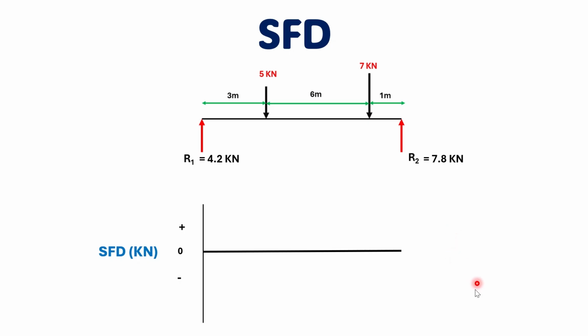Before drawing the shear force, first draw this diagram properly. Draw a vertical line at every point where the forces change. Here one point is this, where the force changes, another point is this, and the third is the last point. So I am drawing the vertical lines. This is a very essential step for drawing the shear force and bending moment diagram.